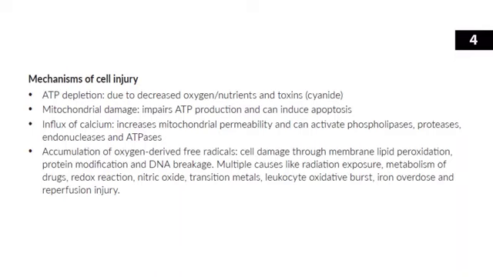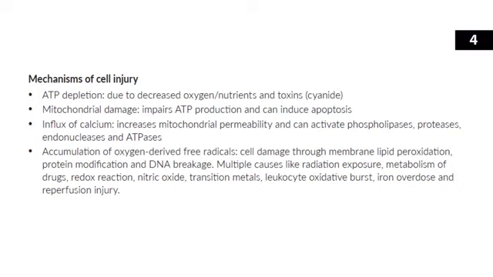So this increased calcium can result in an increase of the mitochondrial permeability transition pore and thus impair ATP production. Now, increased calcium can also activate certain enzymes like phospholipases, proteases, endonucleases, and ATPases, which all can result in negative cellular effects.